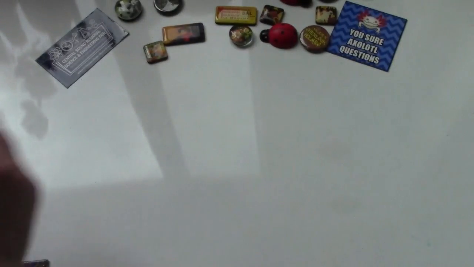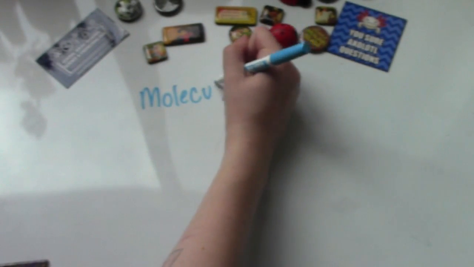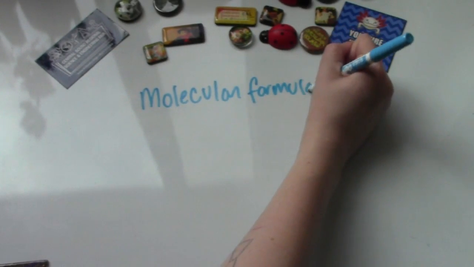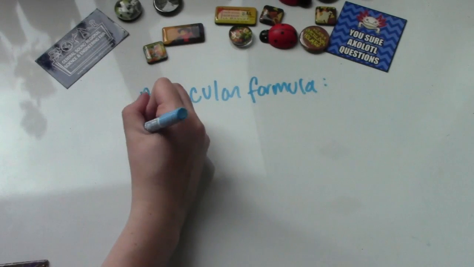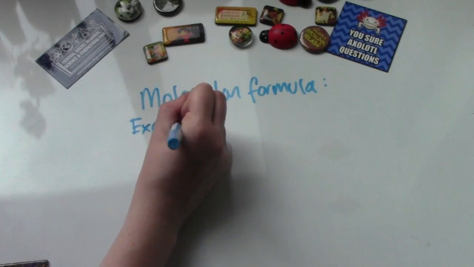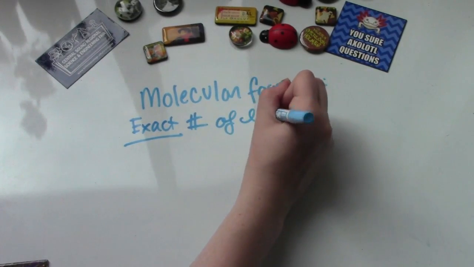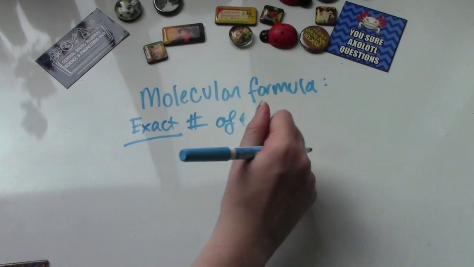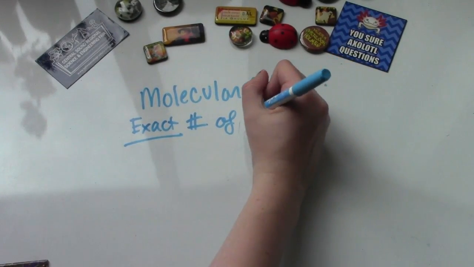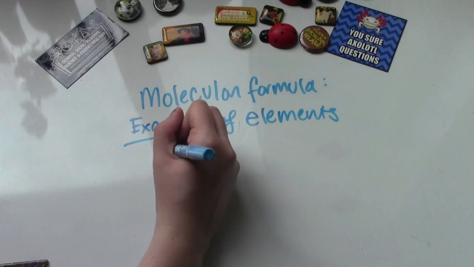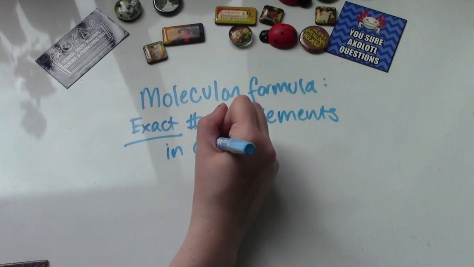Alrighty. Our next kind of formula is called the molecular formula. And that's the exact number of elements in a compound.